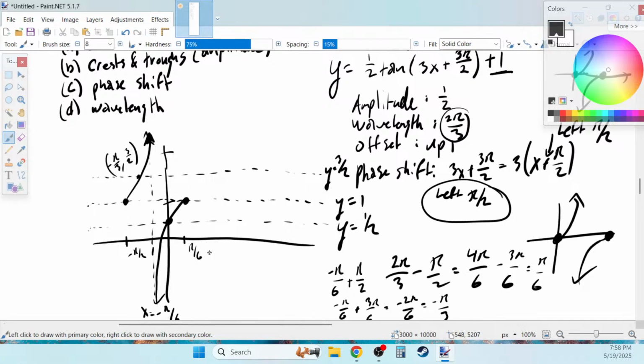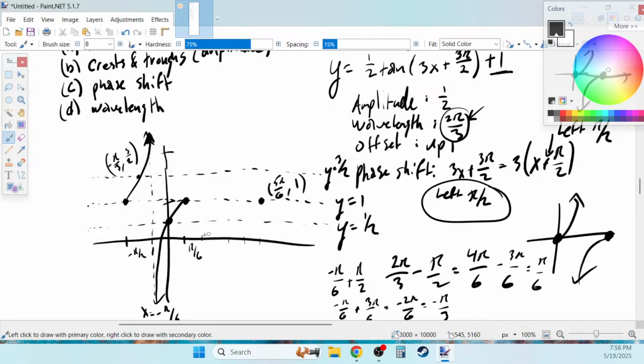And we can continue that if we count over one more wavelength, which is 2 pi over 3. 2 pi over 3 plus pi over 6 is the same as 5 pi over 6. So let's count 1 pi over 6, 2 pi over 6, 3 pi over 6, 4 pi over 6, 5 pi over 6. That's going to be one more wavelength: 5 pi over 6, comma 1.